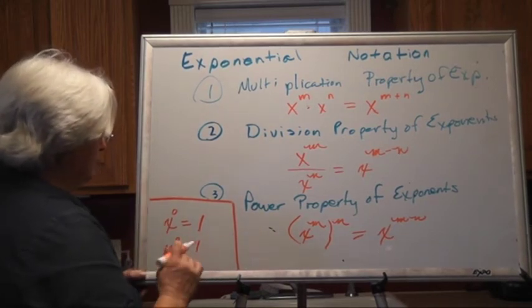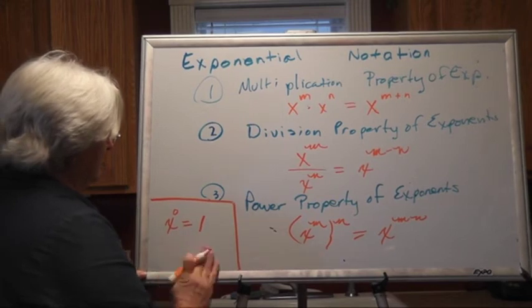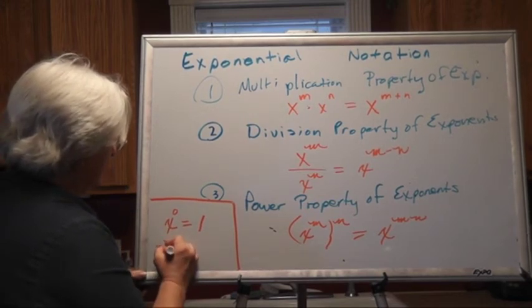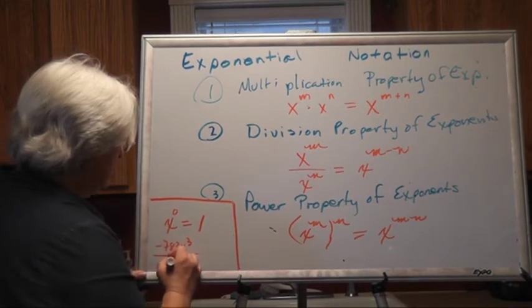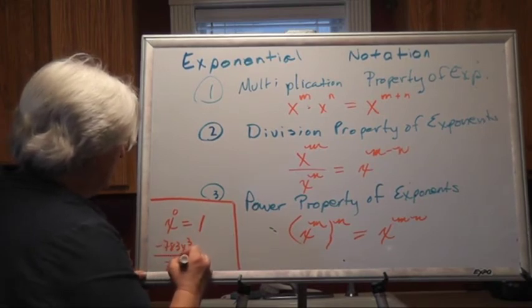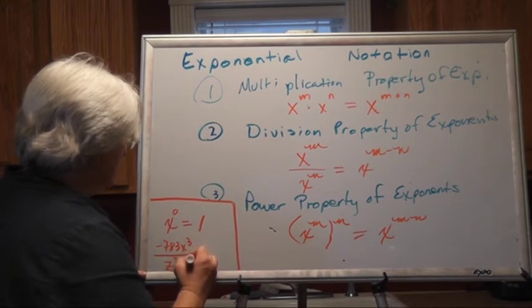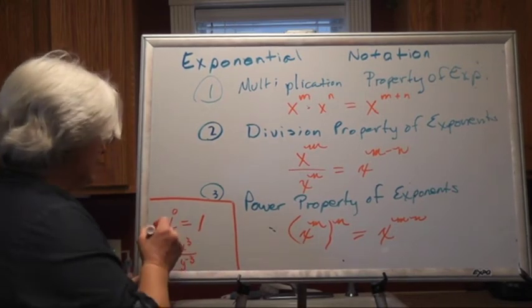Now look at this. What if we had negative 7, 8, 3, x cubed divided by z squared y to the minus 3. Piece of nonsense here.